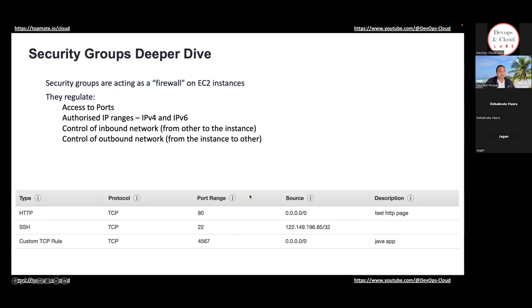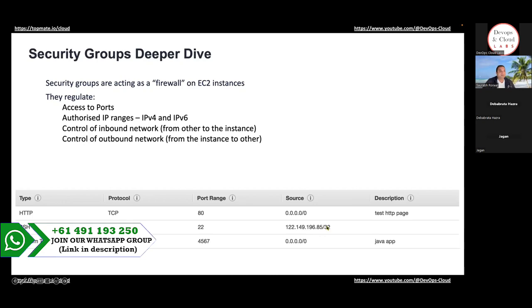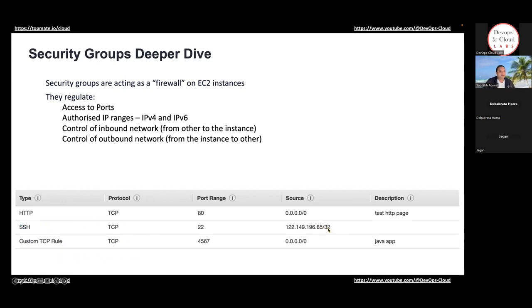Sir, here you mentioned 122.149.196.85/32. If I remove the /32, it will be a single IP, right? Is it really required to mention /32 here? Slash 32 means it's a single IP. Yes, I'm writing the full IP address here. So why do you want to give the /32 here?